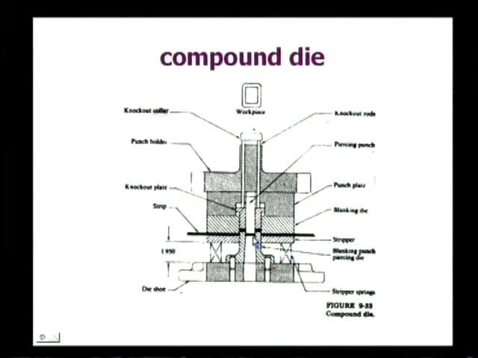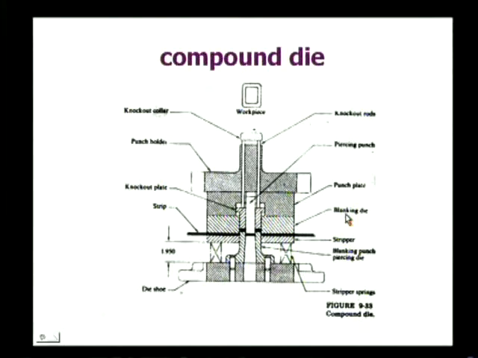You can see that this acts as a blanking punch, and this punch acts as a piercing punch. So as this punch moves downwards, it punches a hole, and this punch is also actually a punch which causes a blanking.